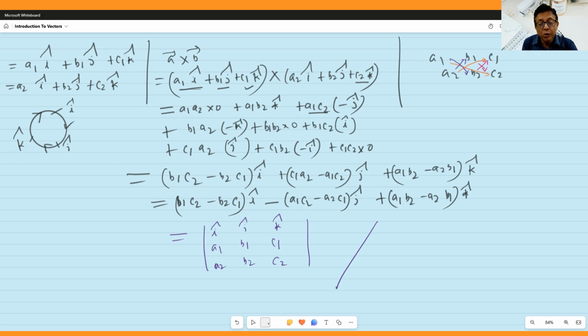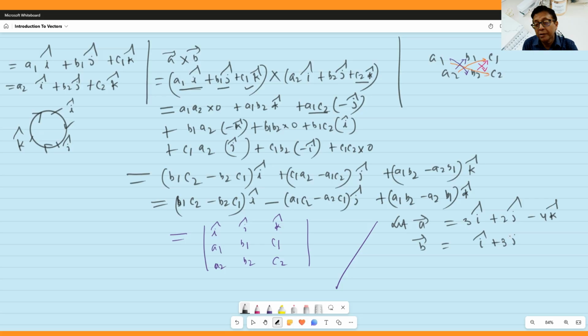I am showing you one direct example here. You take A equal to 3I plus 2J minus 4K and B equal to I plus 3J plus 5K. Okay? Let us find A cross B. First we write A cross B equal to what?